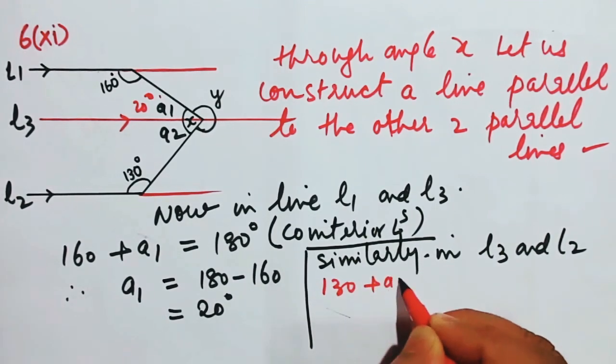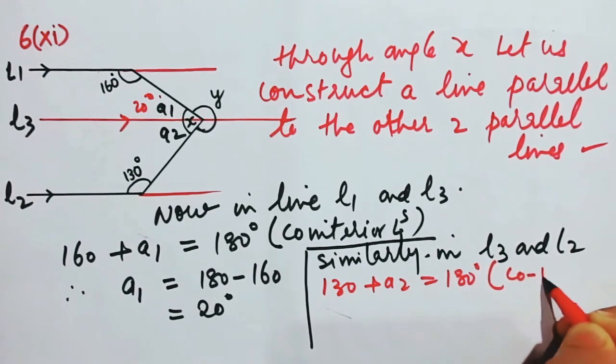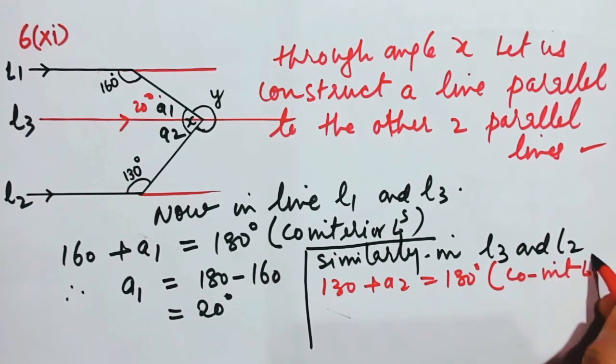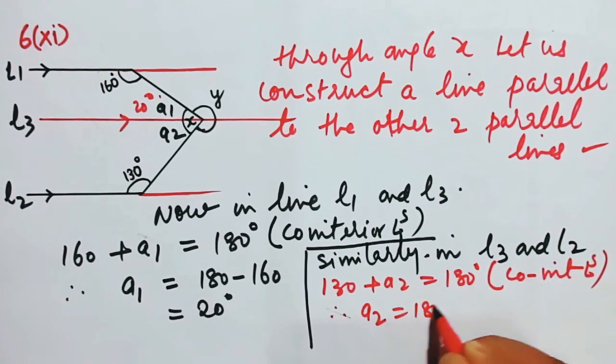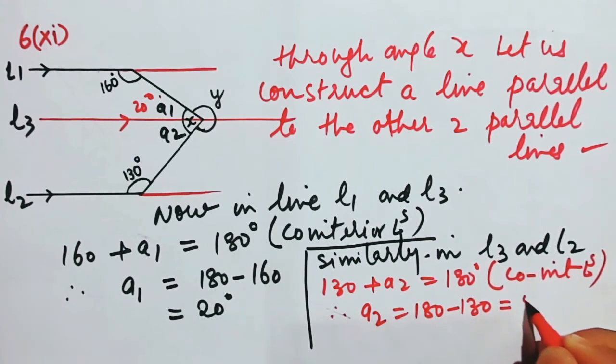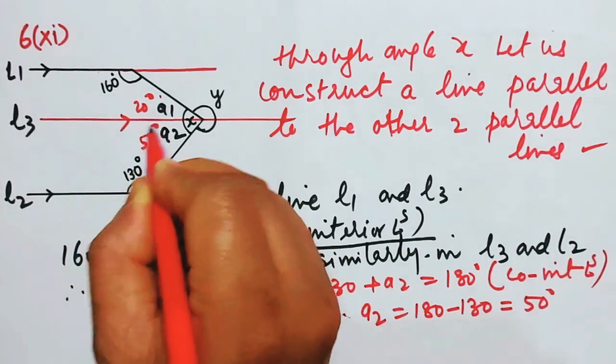Why? Because they are also co-interior angles. Therefore, A2 will be equal to 180 minus 130 degree, which is 50 degree. So this becomes my 50 degree.